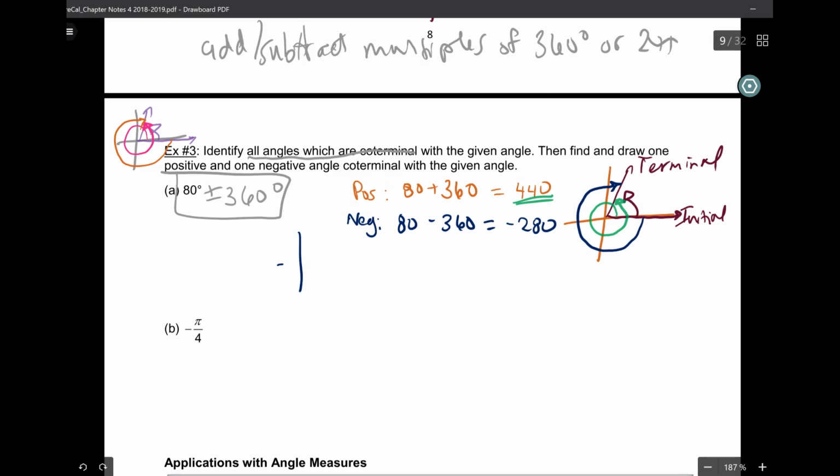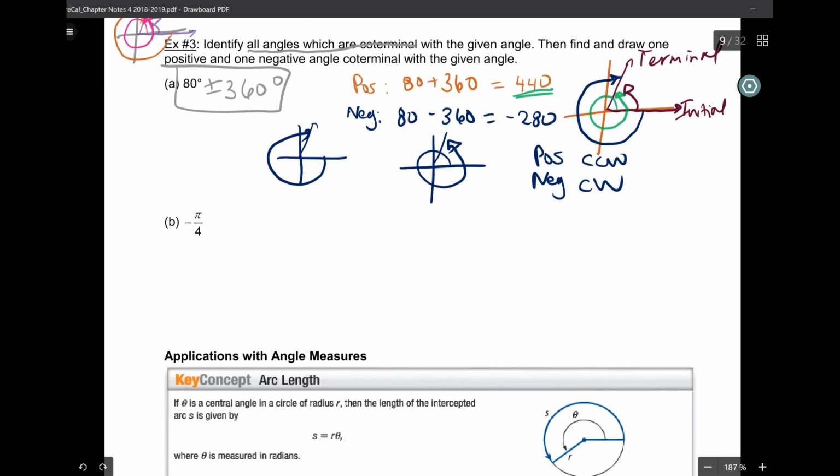So the negative would look like this, where the positive looked like this. So it totally depends which way you're going. So remember, positive means you are going counterclockwise. Negative means you are going clockwise.